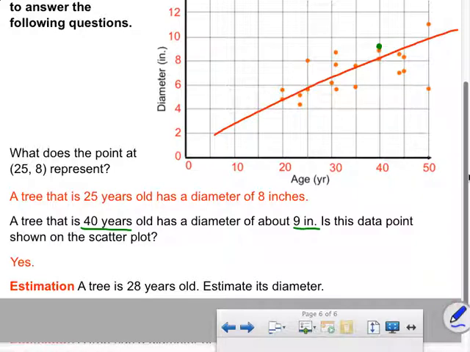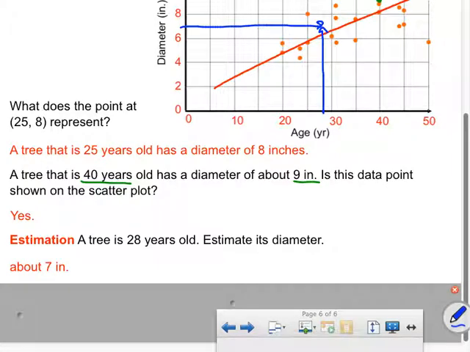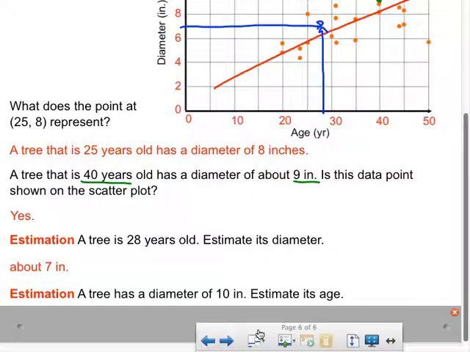So first, you find 28. Here's 28 about, right? And 28 intersects right about here, which would be what? About 7. Take a look, about 7, between 6 and 8. Now, this is where some people drop off. They get stuck because it's a little different. Now, you don't want to figure out the age of the tree by cutting it down.